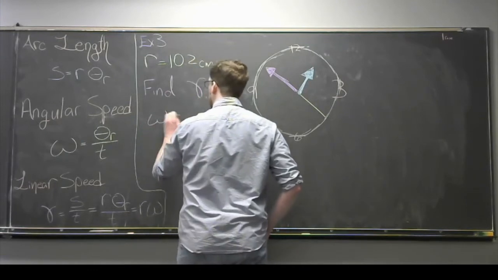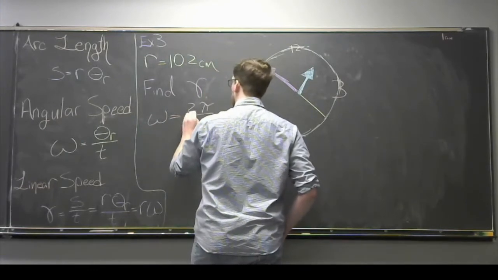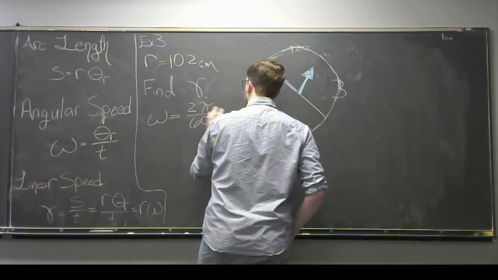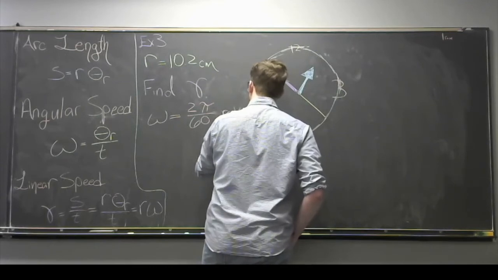Writing that down. We've got 2 pi divided by 60.